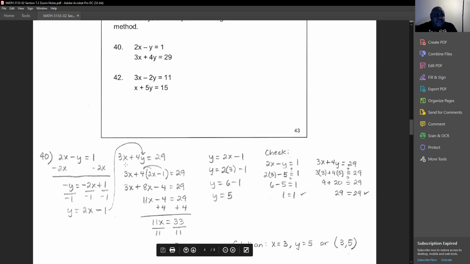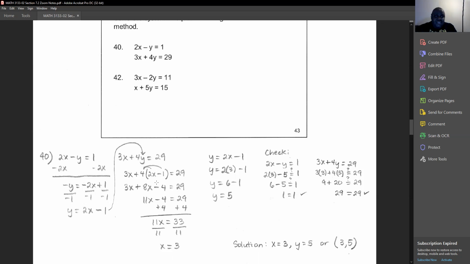Now, the other equation is 3x plus 4y is equal to 29. Since y is equal to 2x minus 1, I can go ahead and use the substitution method by substituting the y with that 2x minus 1, because that's what y is equal to in this case. So here I have 3x and then plus 4 times, and that y is substituted with 2x minus 1.